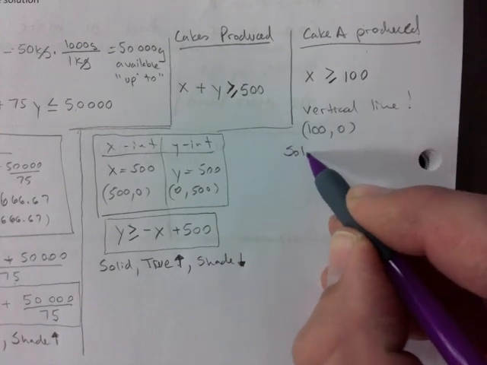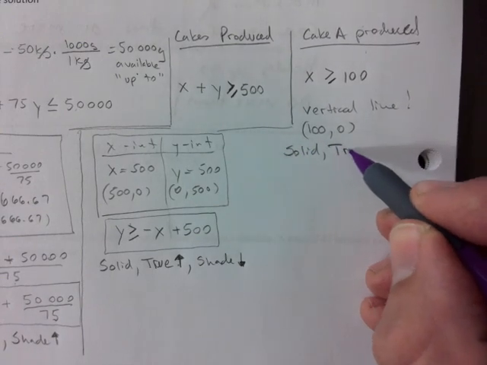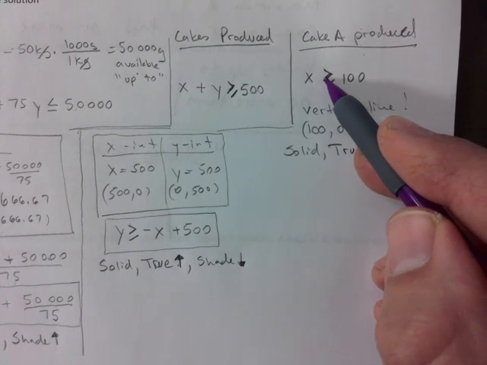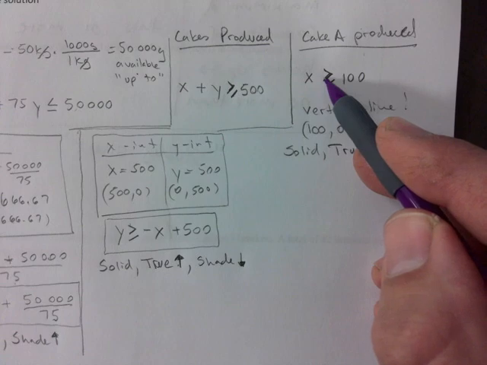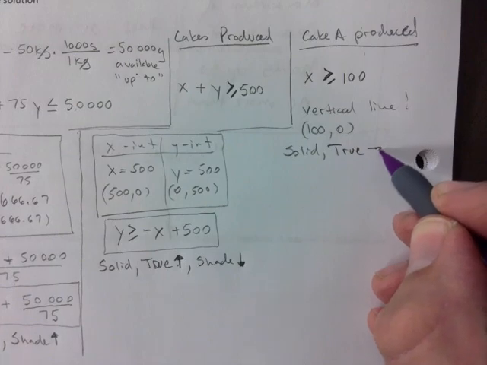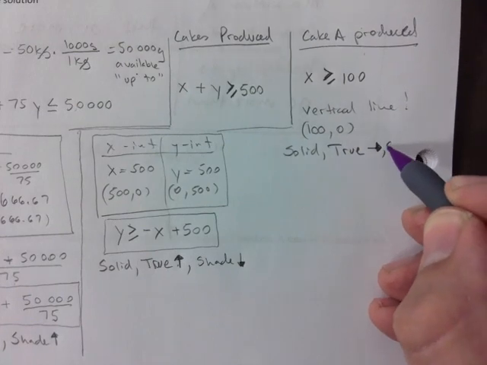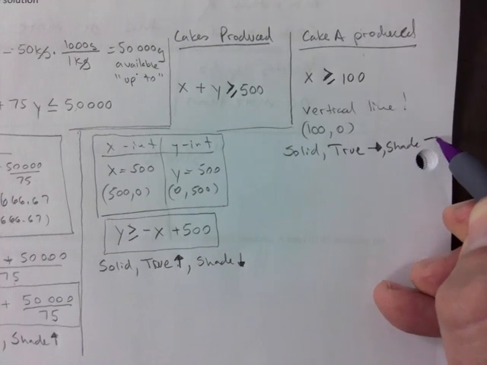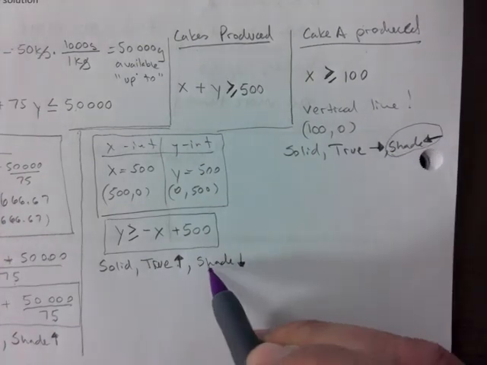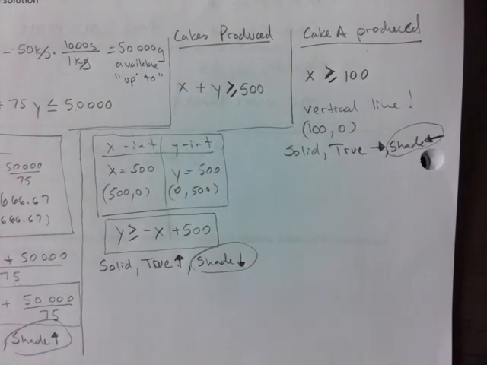So this is solid. True is where? If it's greater than, I hope your study sheets tell you this, true is to the right. This is a vertical line, so true is right. Shade left. That's the one we're going to focus on, the shading. I'm going to circle all my shading.